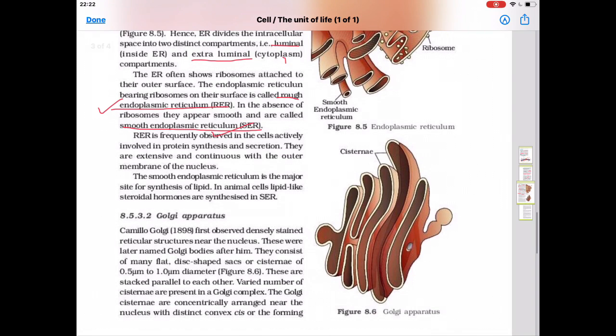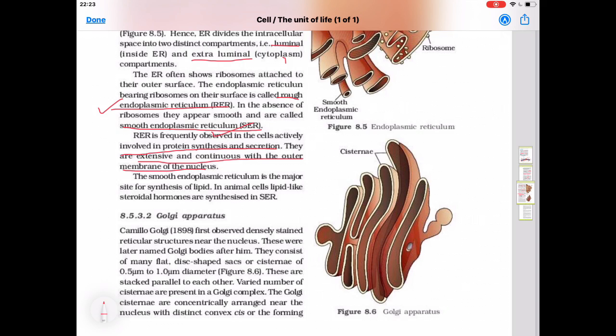RER, that is rough endoplasmic reticulum, is frequently observed in cells actively involved in protein synthesis and secretion, because ribosomes mainly help in protein synthesis. So when they are present, the cells are richly involved in protein synthesis. They are extensive and continuous with the outer membrane of the nucleus.